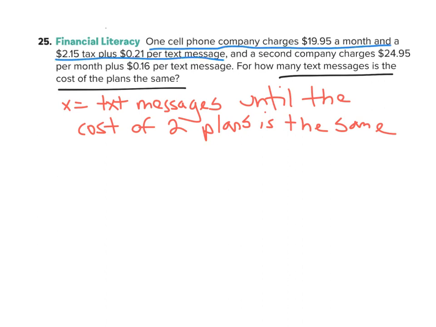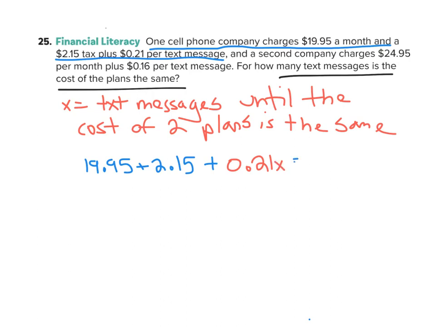So we're told that they charge $19.95 a month, so that's going to be a flat fee, and a $2.15 tax, so plus $2.15, plus 21 cents per text message. So we need to be careful with this. This is going to be 21 cents times however many text messages that you send.